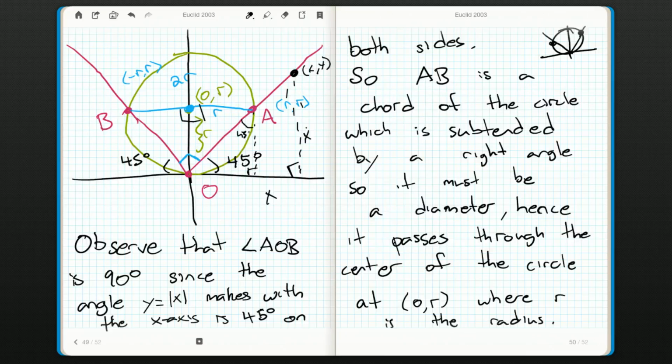That's 45, that's 45. I guess it's not entirely obvious.